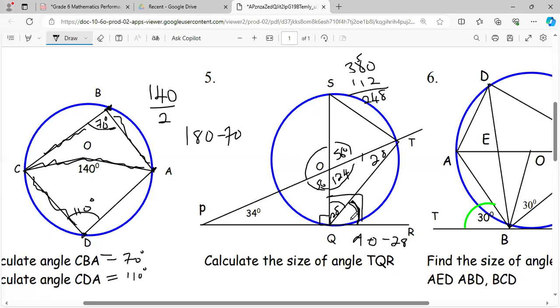Oh, 62 we get for this. This angle is supposed to, yeah man, 62. These two are supposed to add up to 90.